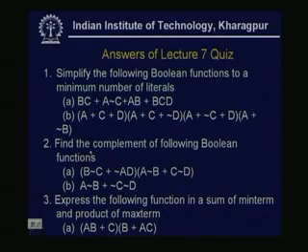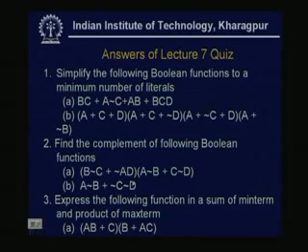For the second question we have to take the complement of the Boolean functions. Now, one by one we see how, with the help of the postulates and the theorems, we can take the complement. Here particularly we have to use De Morgan's law.